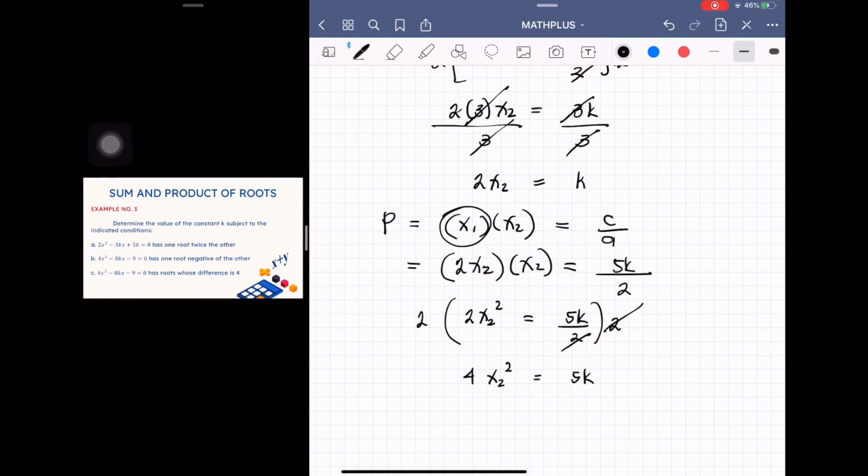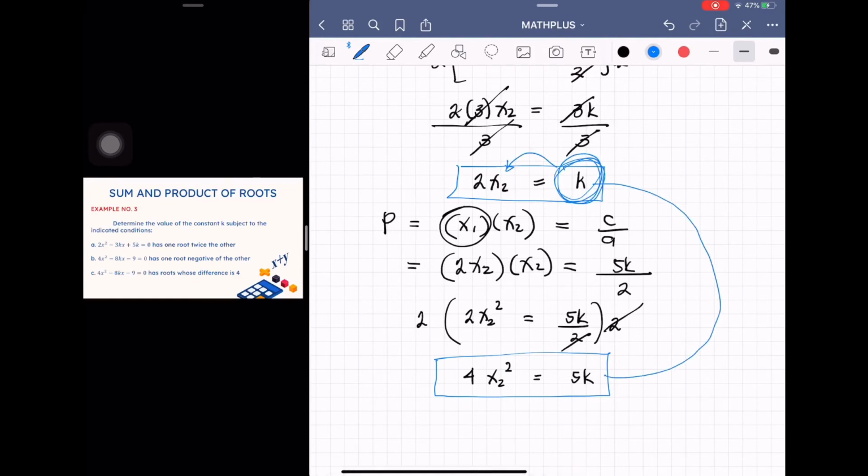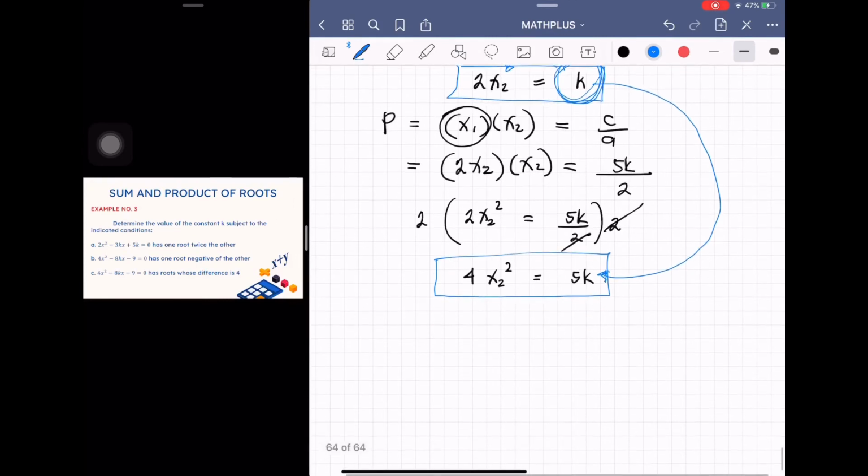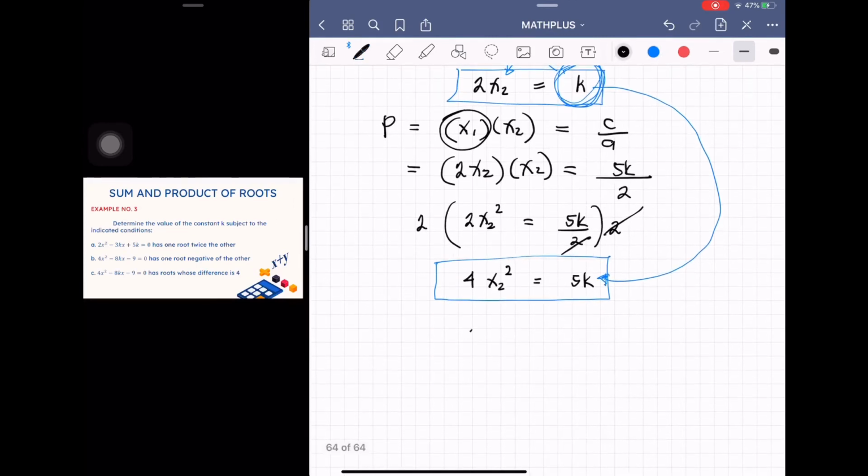What you can do here is use these two equations to solve for the unknown. You can use the relationship that k is equivalent to 2x2 and substitute it into this equation. That will result to 4x sub 2 squared equivalent to 5 times k, and k is equivalent to 2x2. If I substitute that, that will result to 4x sub 2 squared equivalent to 10x sub 2.